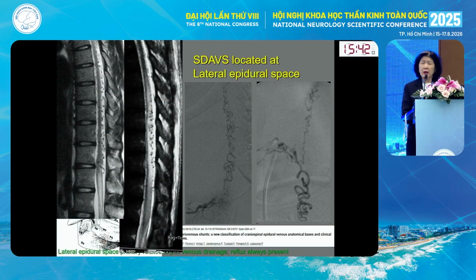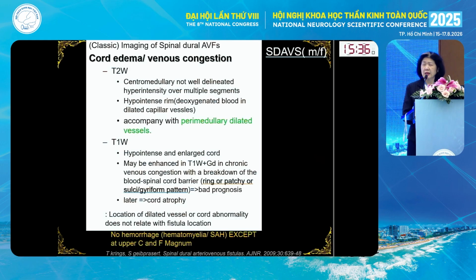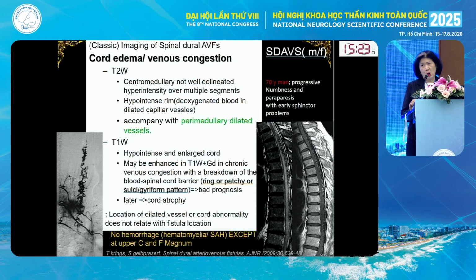For sure, myelopathy can be seen from all of these dural arteriovenous shunts. The classic imaging finding is not just hyper T2 weighting, but you can see all of this enhancement, and it's not a good prognosis.